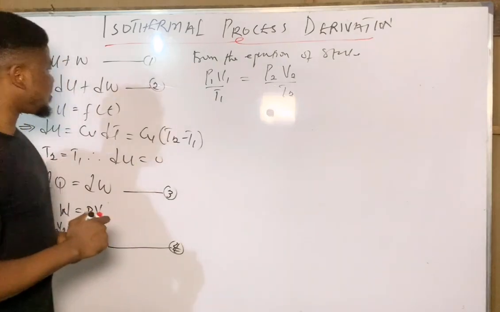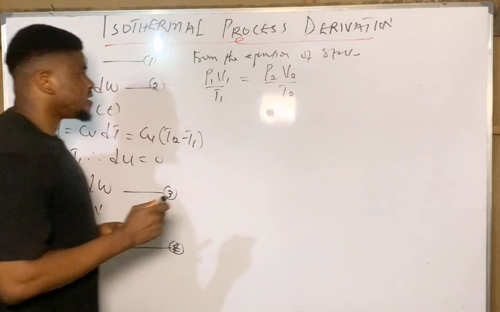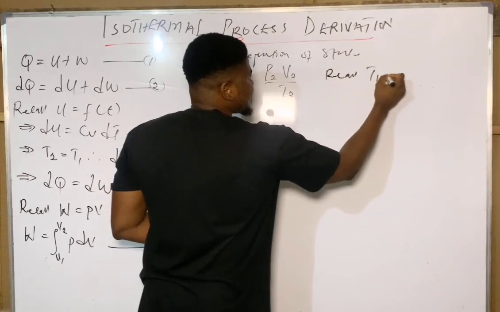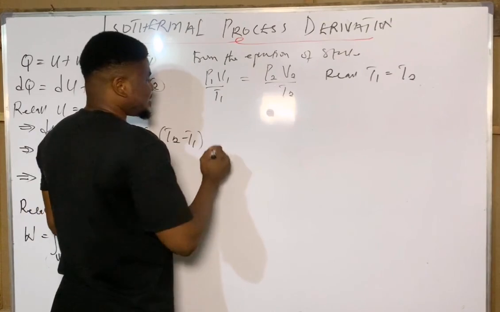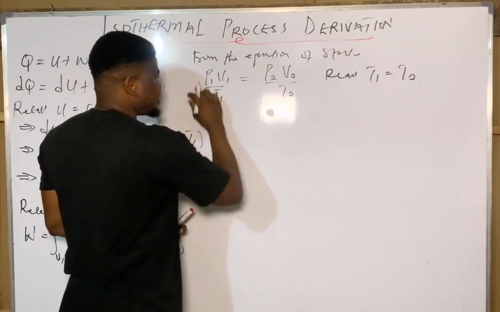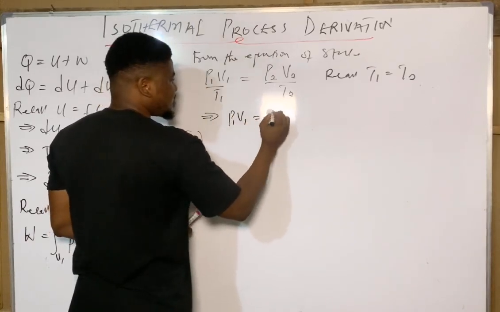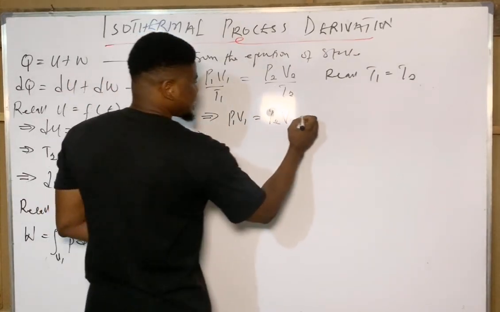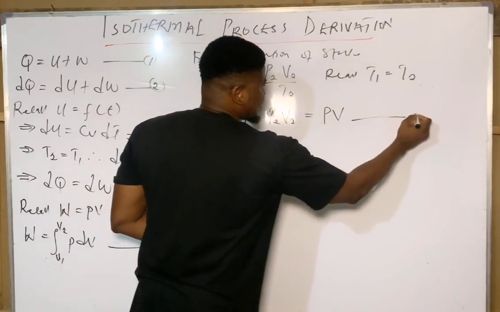Since we are considering an isothermal process, T1 is equal to T2, so the temperatures cancel out. This automatically turns into Boyle's law: P1 V1 equals P2 V2. So this can simply be written as PV equals constant. Let's call this equation 5.